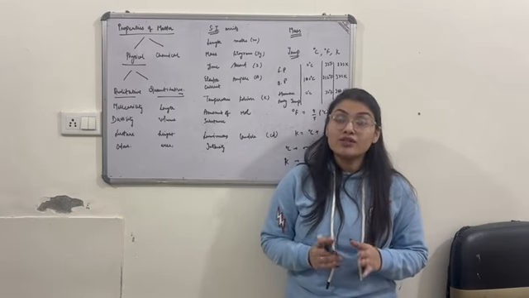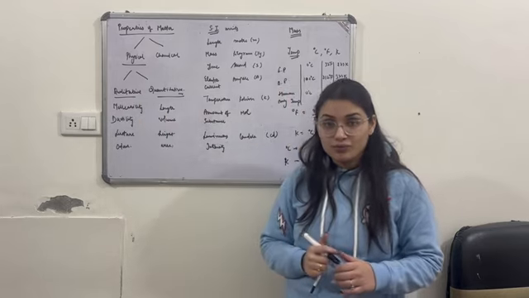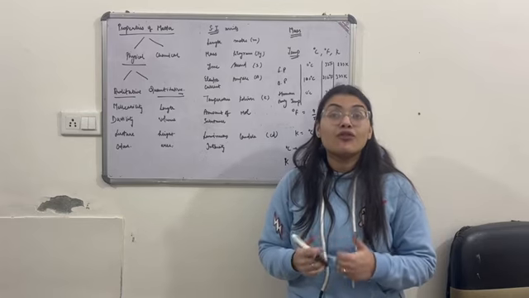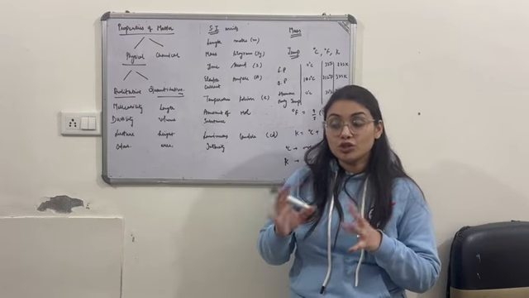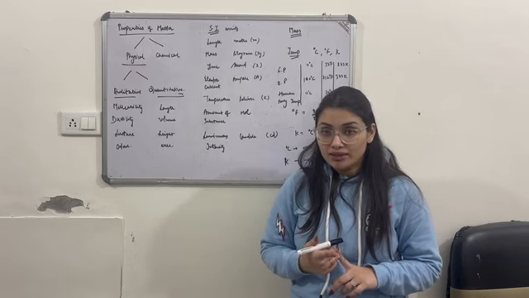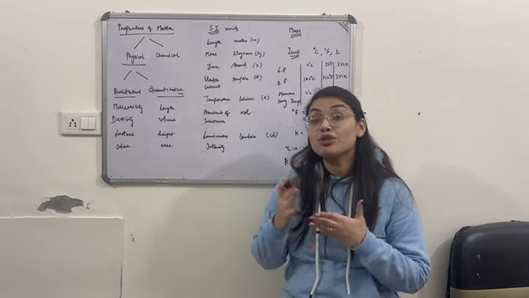Further, physical properties can be classified as qualitative and quantitative. This is a further sub-classification. Qualitative properties are difficult to measure because you don't have a proper unit or proper number in which you can measure them. Like malleability, something which can be beaten into sheets.